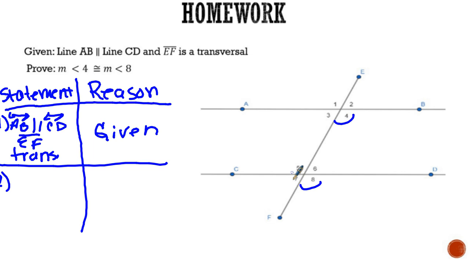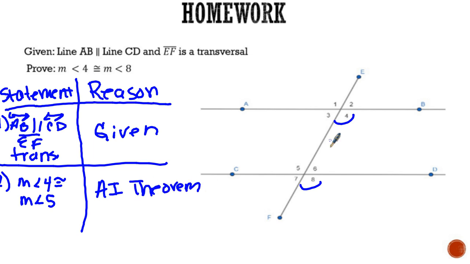I'm going to say the measure of angle 4 is congruent to the measure of angle 5, and that's going to be my alternate interior angle reasoning. So AI theorem, alternate interior angle theorem. So I told 4 is the same as 5, and now I'm going to go and say my second reason.